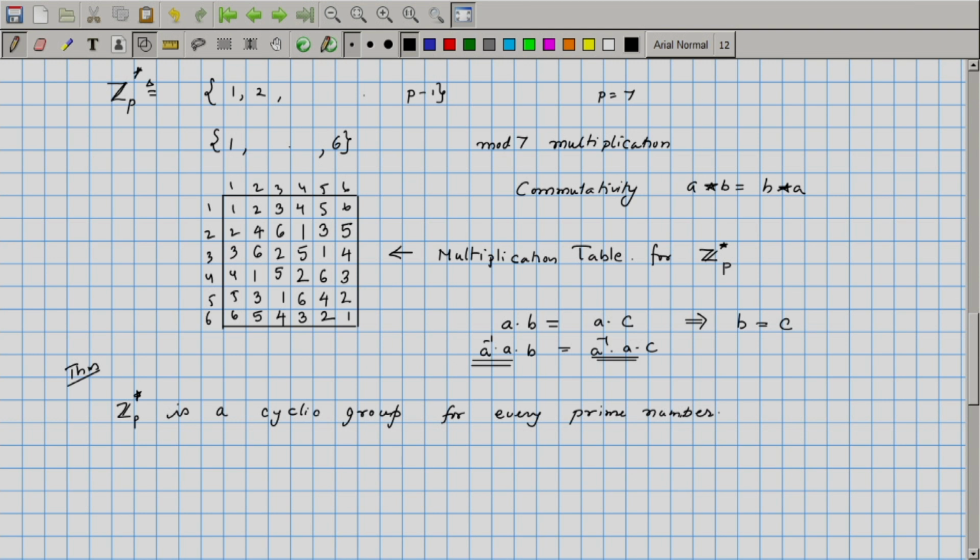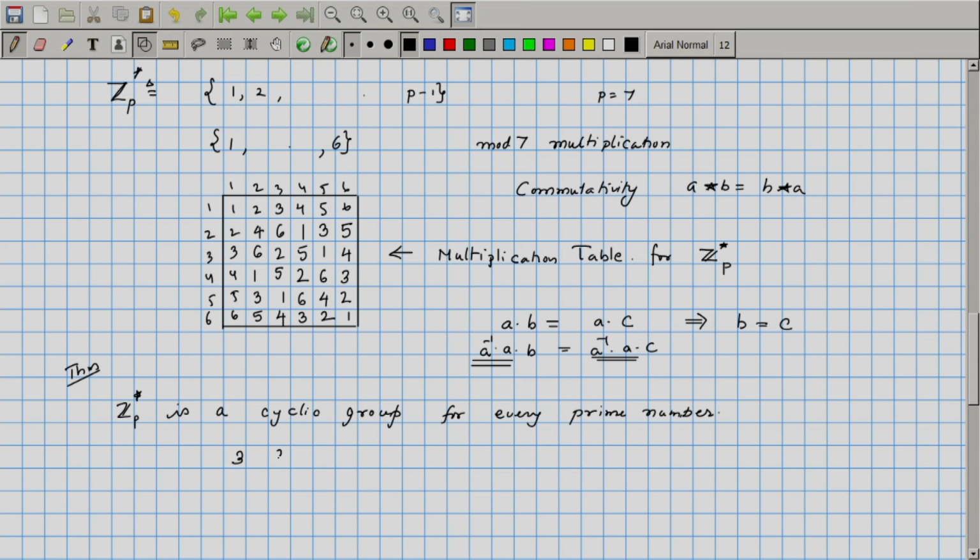Cyclic group means it can be obtained by taking some particular element and multiplying it with itself. Let us try the number 3. 3 square is 9, that is 2.